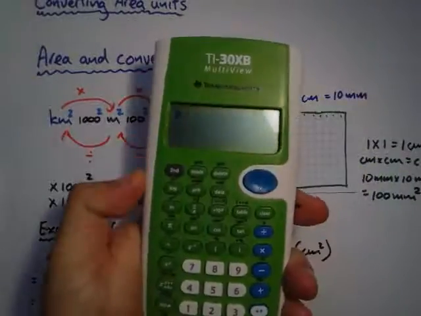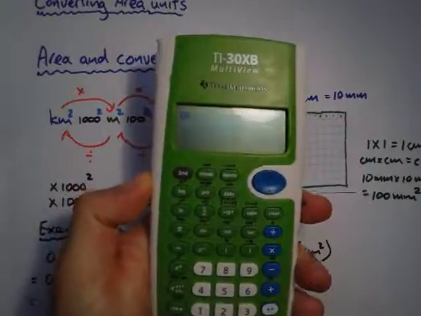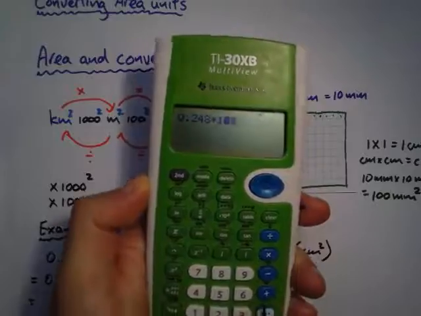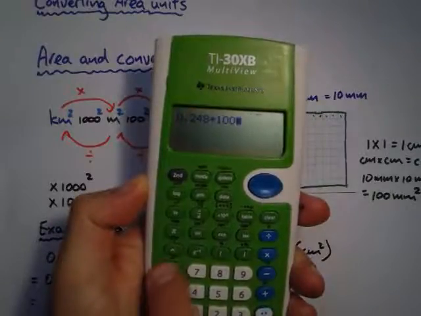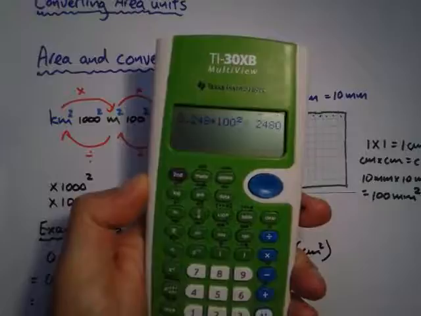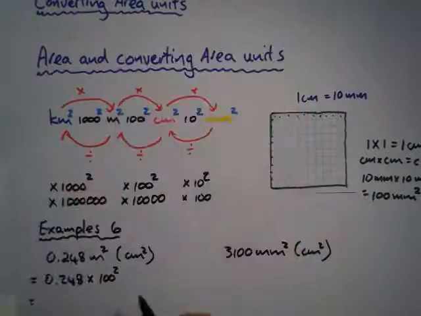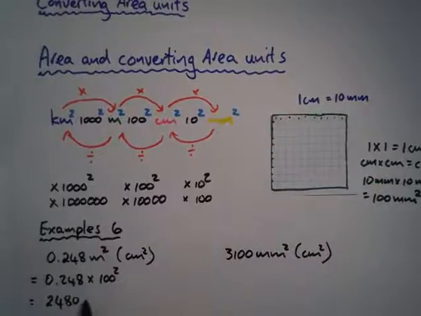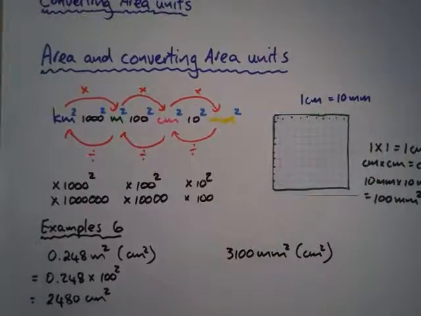You just say 0.248 times 100 squared equals, and the answer is 2480, and that will be centimeters squared.